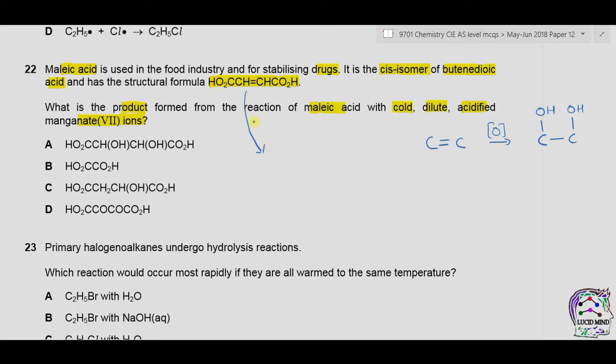So for this compound we can see that we have C double bond O, OH on one side, then we have carbon hydrogen, double bond, then carbon hydrogen, then again the carboxylic acid functional group. So upon reaction with cold dilute acidified manganate ions, this double bonded carbon will be converted into diol. So the product formed will be OH on this carbon atom, double bond converted into single bond, OH on this carbon atom.